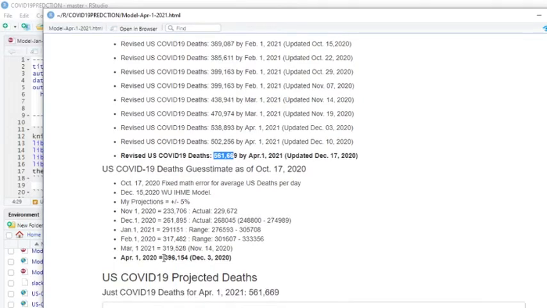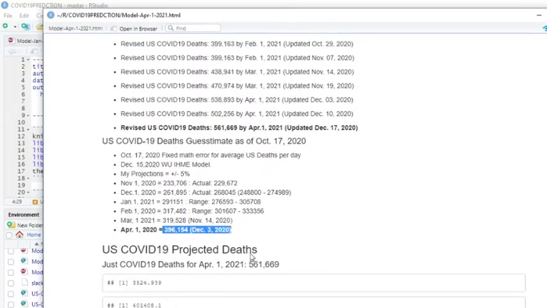My model is completely wrong. I got 396,000, and I'm projecting 401,000 at this point. Okay, still, if this number is correct, it's still well below this number here. And this projection is on the assumption that nothing's changing in terms of human behavior. This doesn't take into account hospital beds.